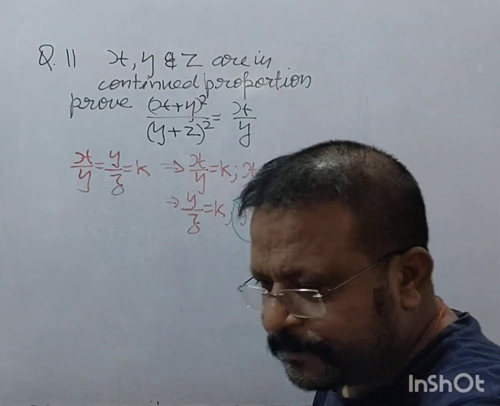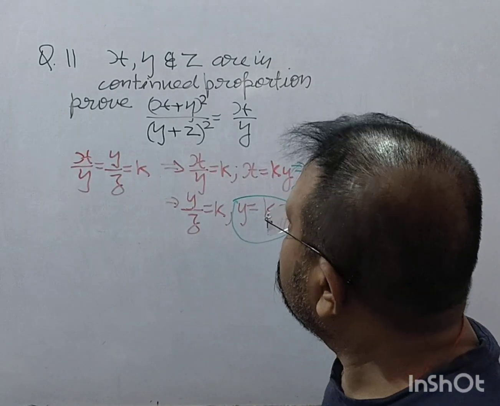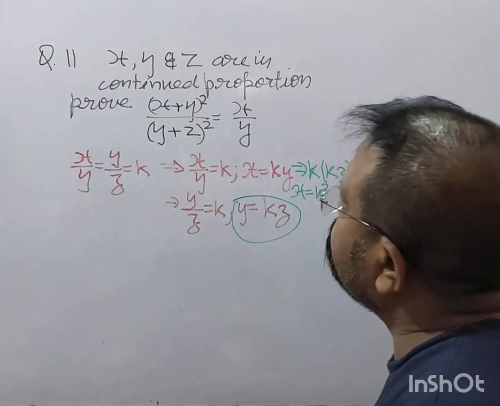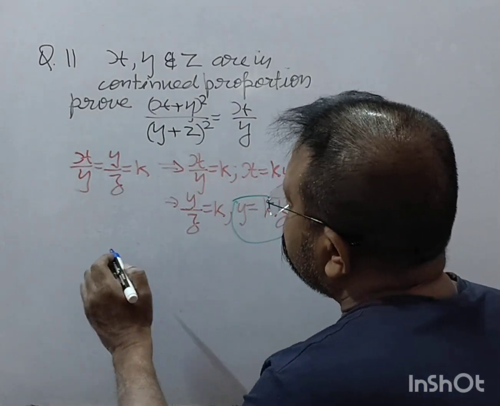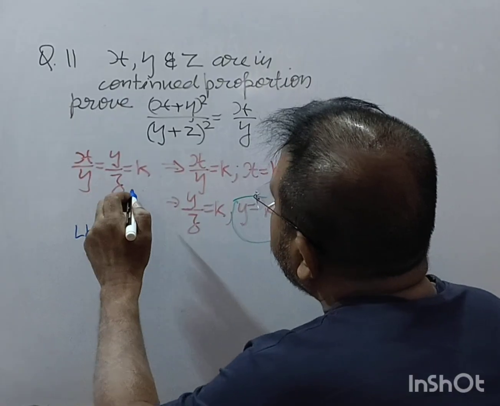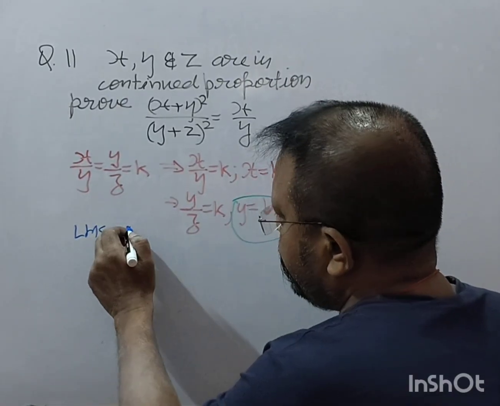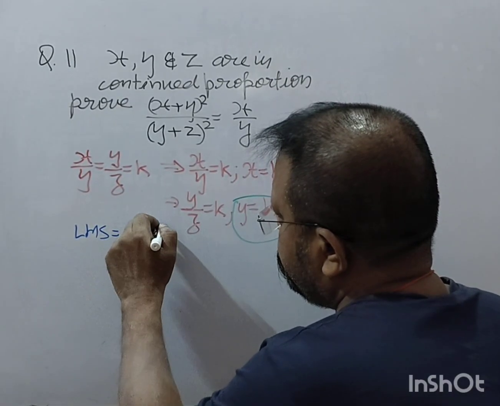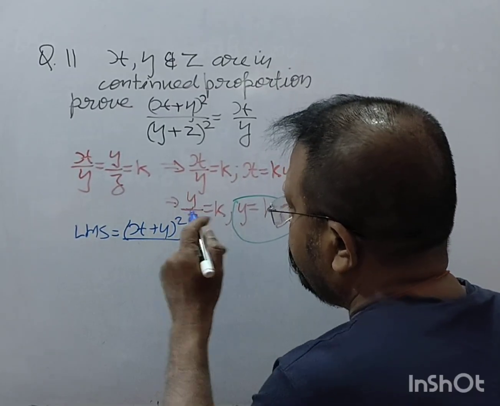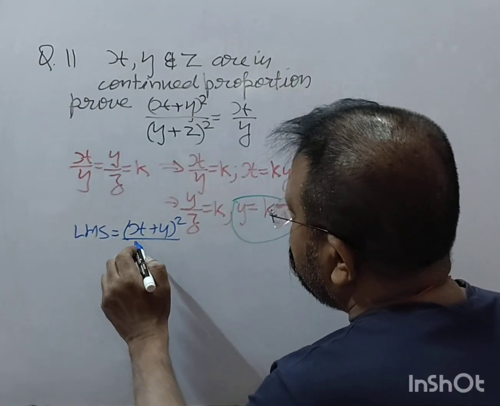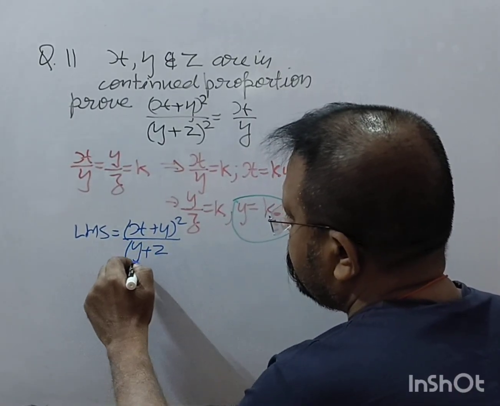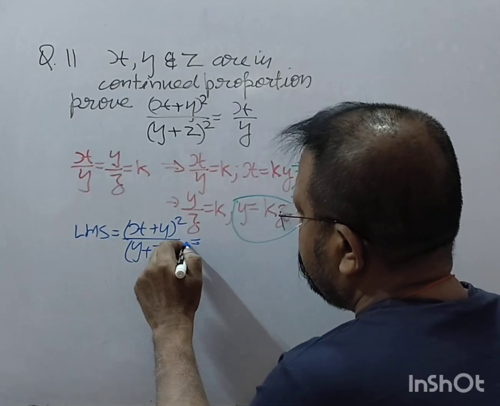Now come to this. If I go to LHS, LHS is (x plus y) whole square upon (y plus z) whole square. Then what happens?